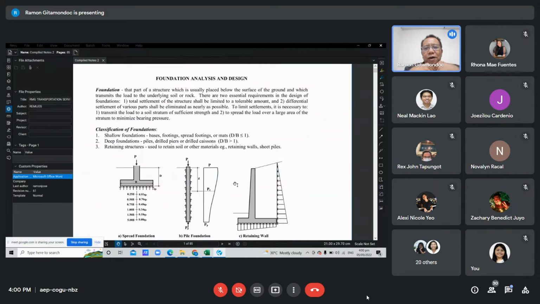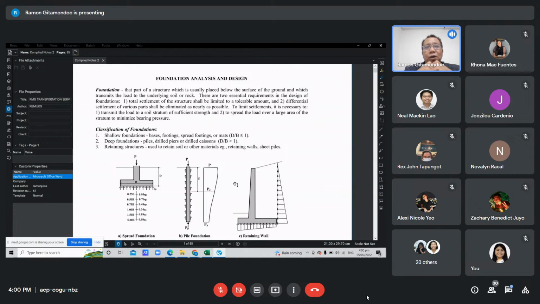So doon na tayo duha ka general solution on how to fulfill the essential requirement. So first, we transmit the load to a soil stratum with sufficient strength, and second, to spread the load over a larger area of the stratum to minimize the bearing pressure.